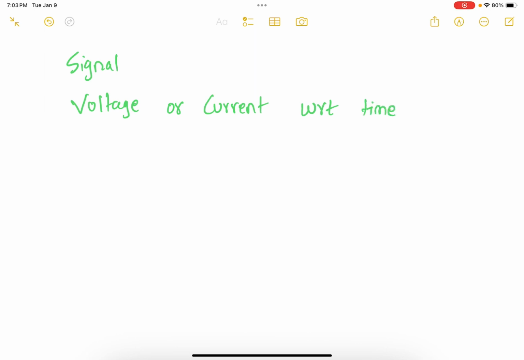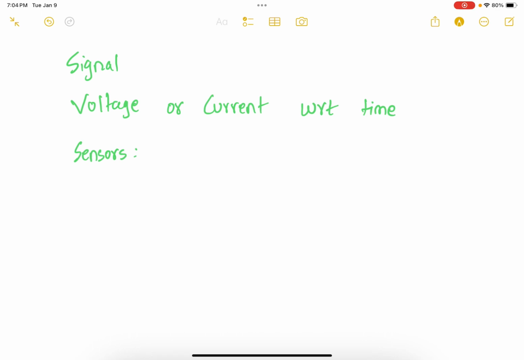So when we deal with analog signals like temperature, humidity, seismic activity, sound, etc., we need to convert them into electrical signals. This is done using sensors.